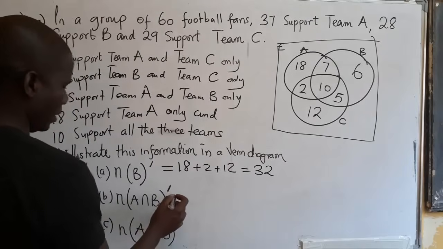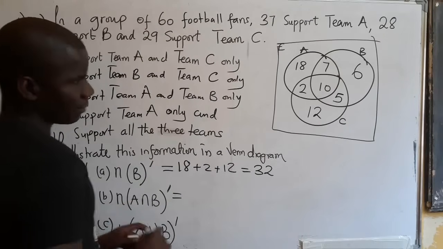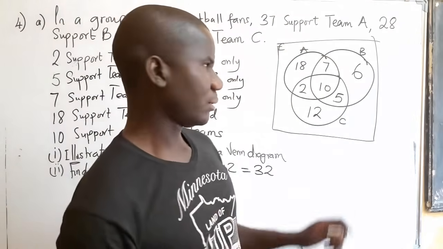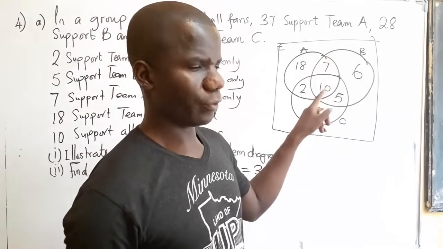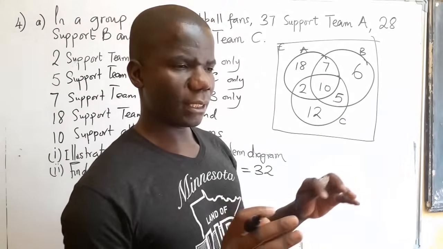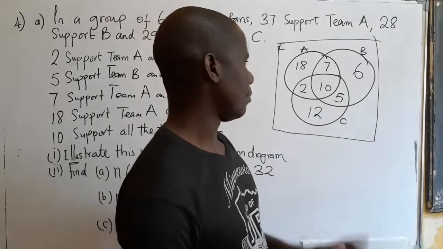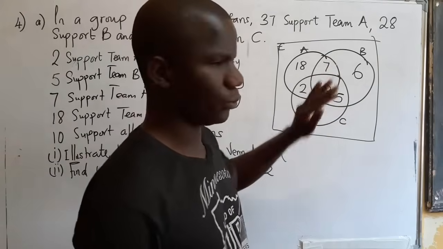Then the second one, the intersection of A and B. The intersection of A and B, it's 7 and 10. And then, so we are saying now, a complement of A and B, meaning these ones should not be there. 7 and 10 should not be there.